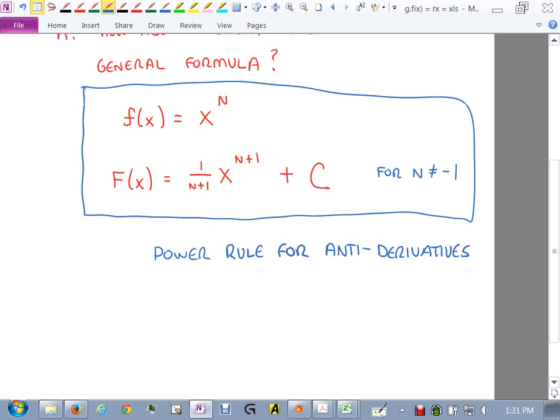Not to be confused with the power rule for differentiation, which would be the n comes down, subtract 1. This is the reverse rule, but it's still called the power rule because it involves powers of x. Books call it the power rule for antiderivatives.